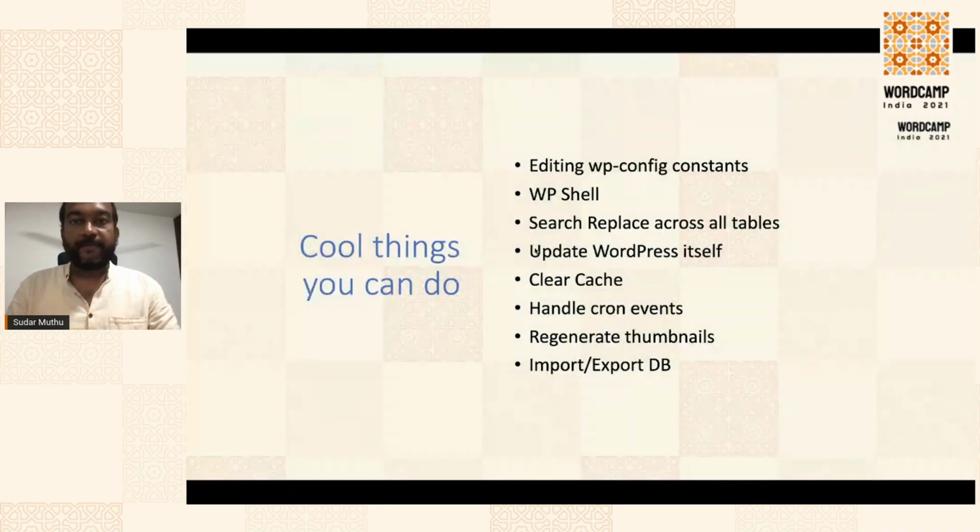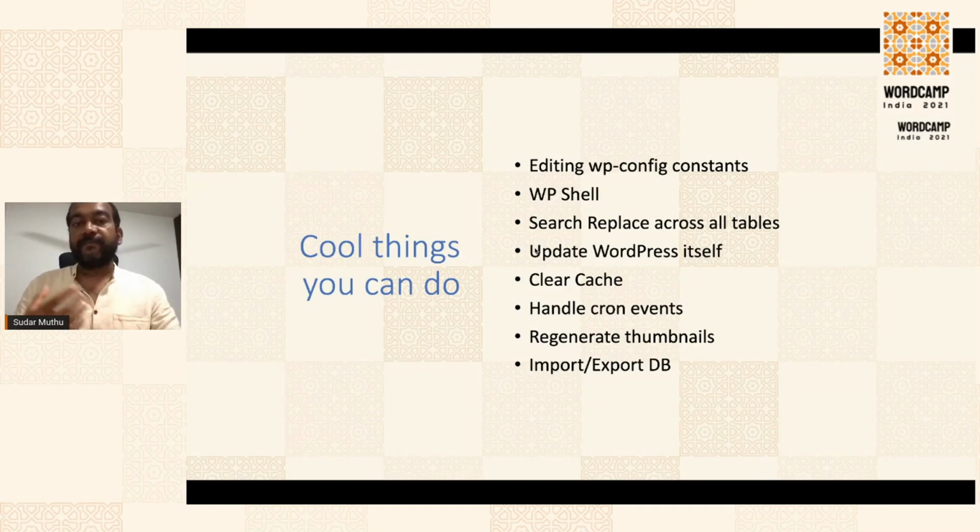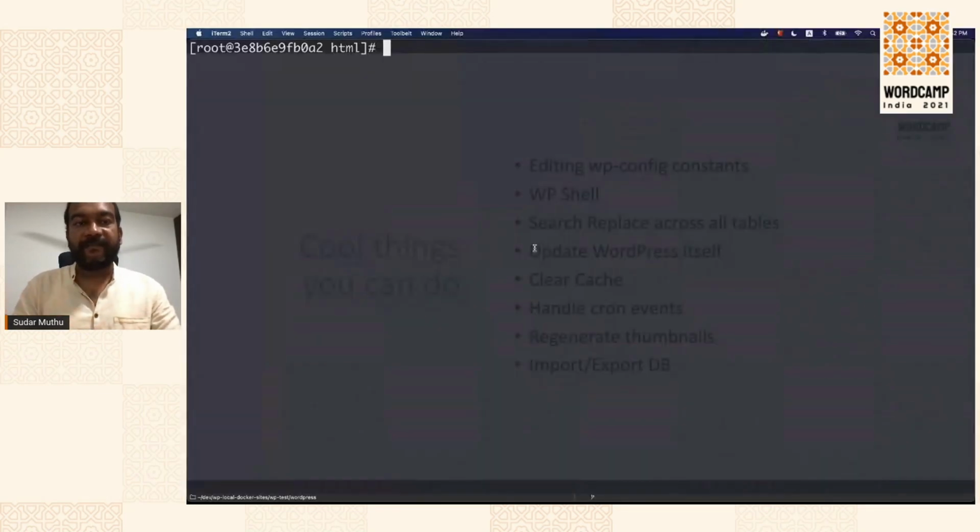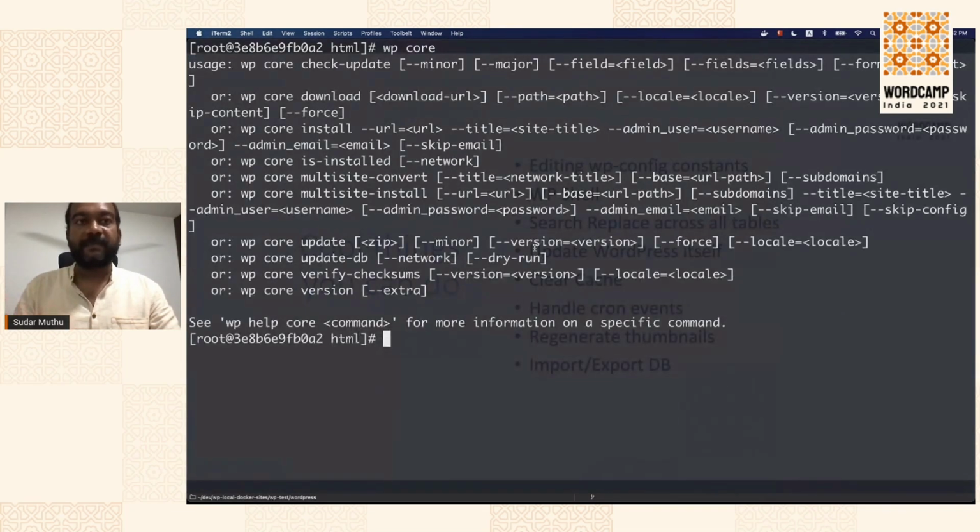Okay, so similarly, you can use WP CLI to update WordPress itself. There is a core entity, and it has a couple of subcommands, like wp core update. You can specify a specific version like 5.6.1, or if you don't specify the version, it will update to the latest version of WordPress. Similarly, you can find out the current version of WordPress that you're running with wp core version.